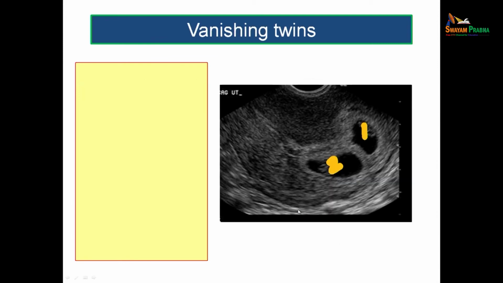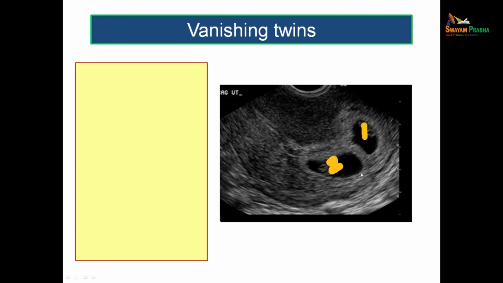There is another interesting fact that is known as vanishing twin. What do you mean by vanishing twin? That means if a lady goes to consult her gynecologist in her first trimester, the gynecologist will be revealing the news that she is having twin pregnancy, and will be showing the ultrasound like this.